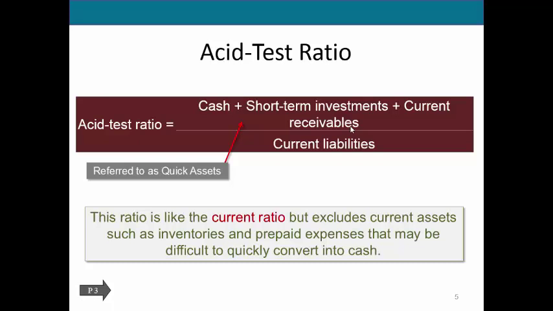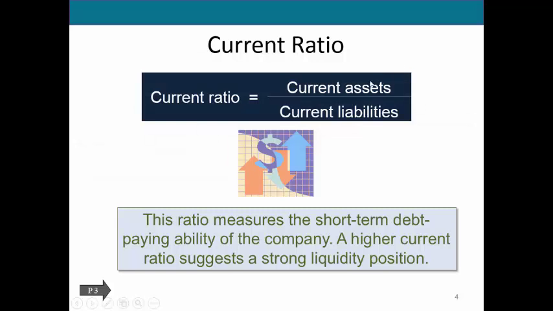And we're only looking at the current receivables, or those receivables that are going to be received as cash within the coming accounting period. Compare that if we go back to the current ratio. Remember, the current ratio included all current assets, so that could include things like inventory and supplies.